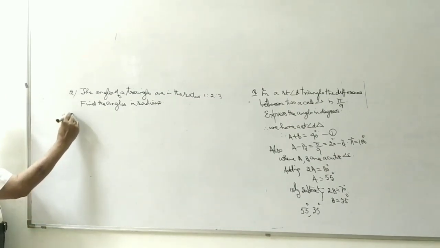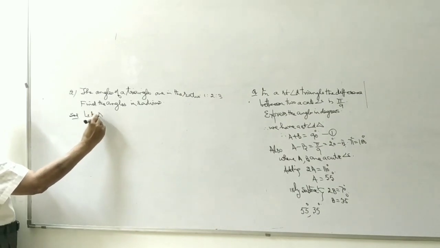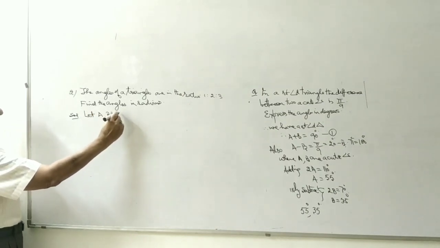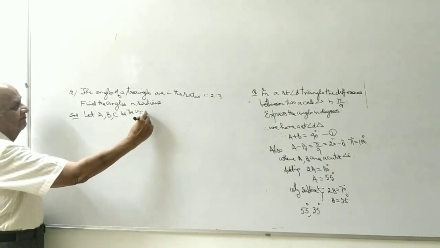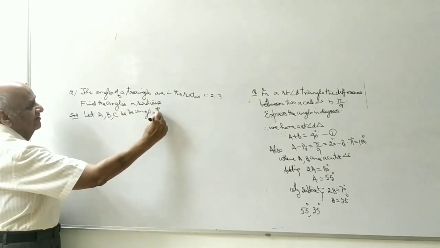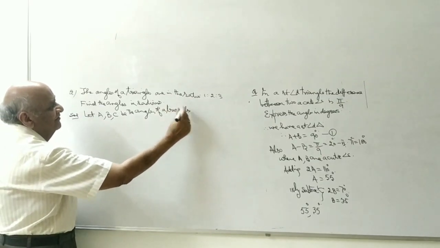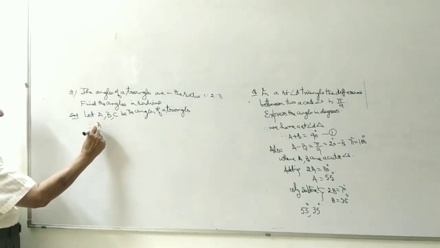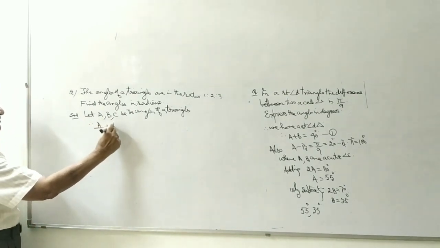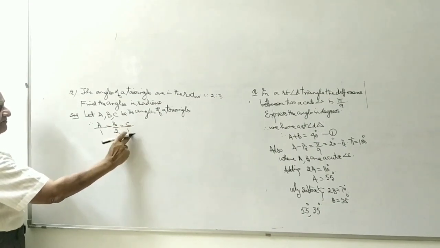Now let us talk about the solution. Let A, B, C be the angles of a triangle. Therefore, by the given question, A upon 1 is equal to B upon 2 is equal to C upon 3.